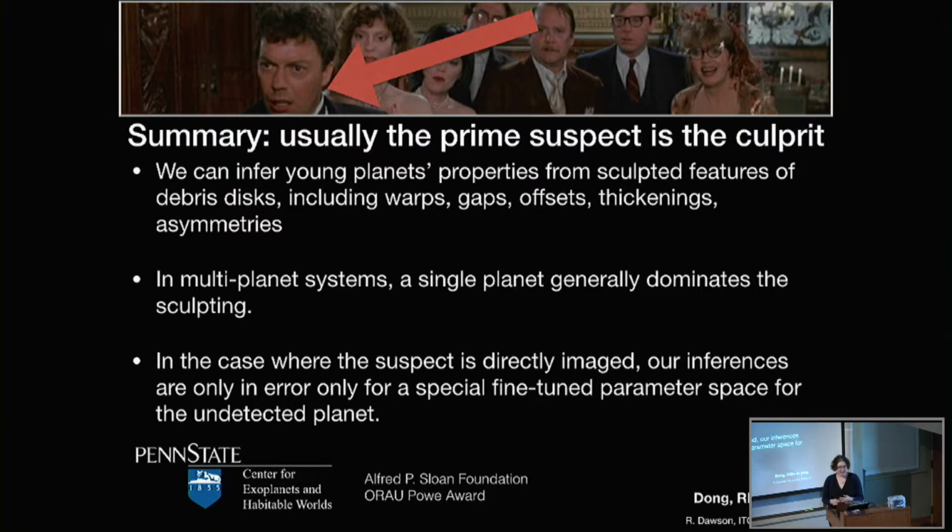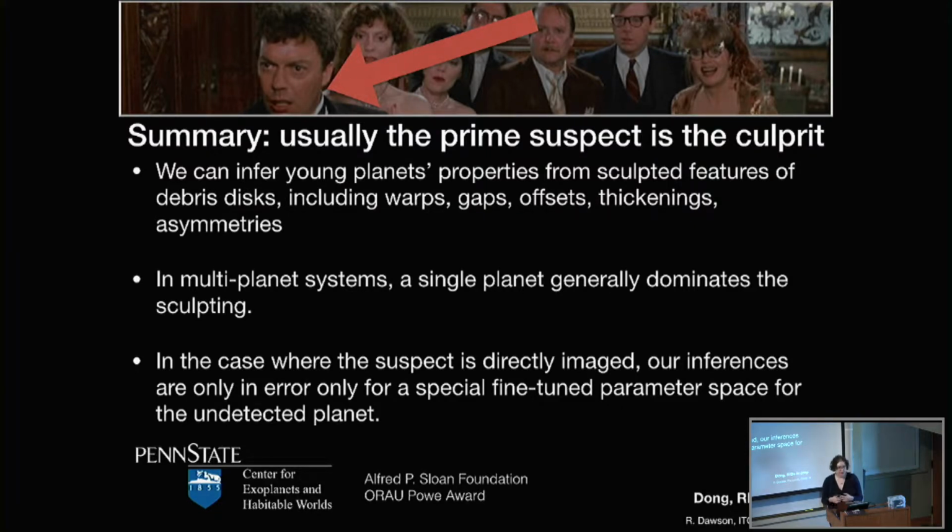And that leads us to summarize that we can infer young planets' properties from sculpted features of debris disks, including warps, gaps, offsets, thickenings, and asymmetry. In multi-planet systems, usually a single planet is the one that dominates the sculpting. So that's good for using these sculpted features to infer the planet properties.